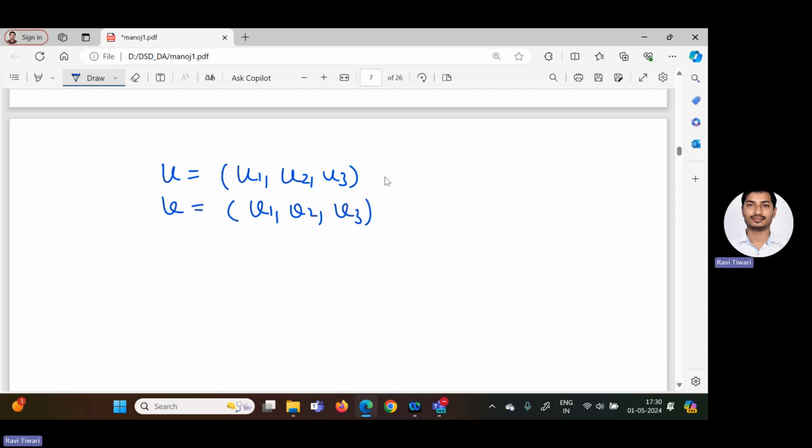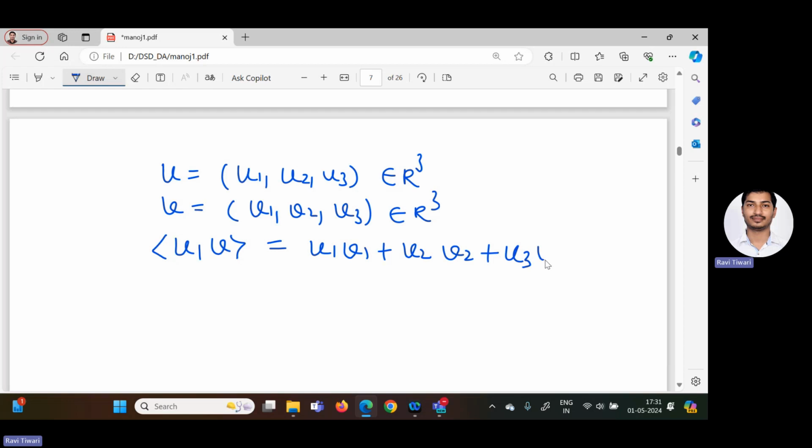If U and V are two vectors belonging to R cube, what will be the standard inner product of U comma V? As we already know the dot product of two vectors, you can write U1 into V1 plus U2 into V2 plus U3 into V3. So this is called the standard inner product space.